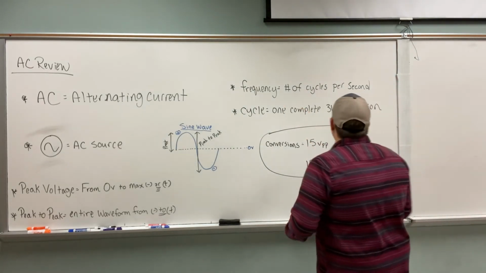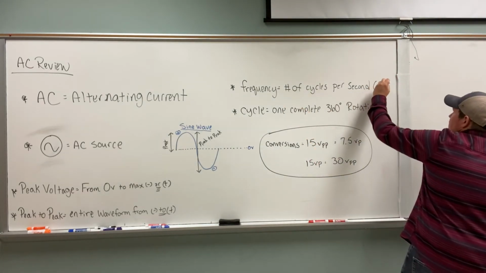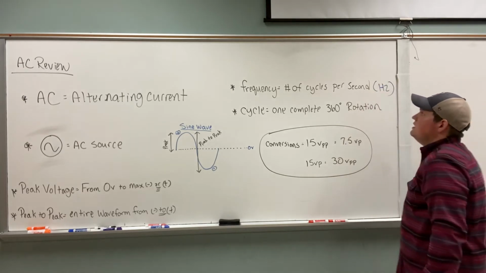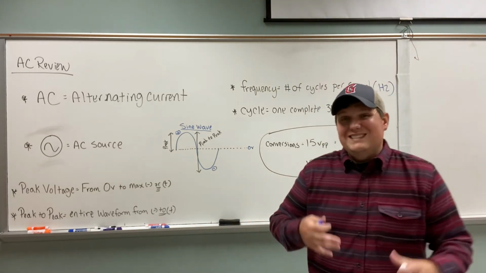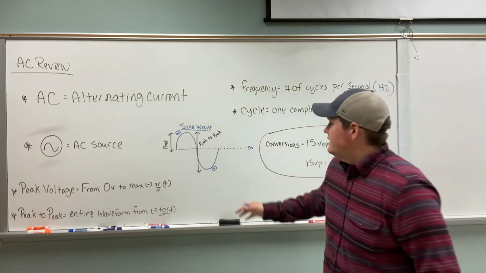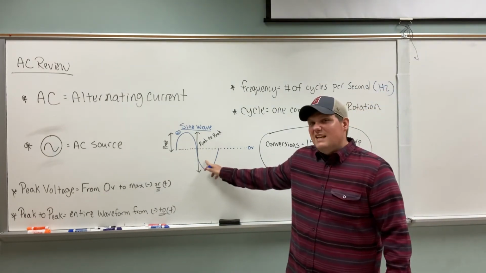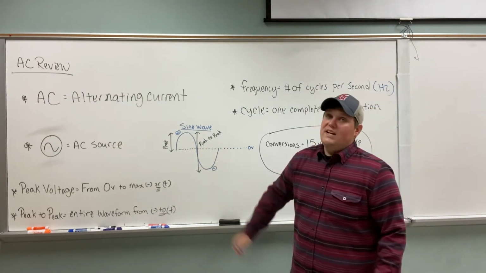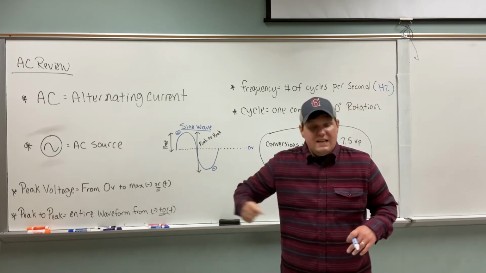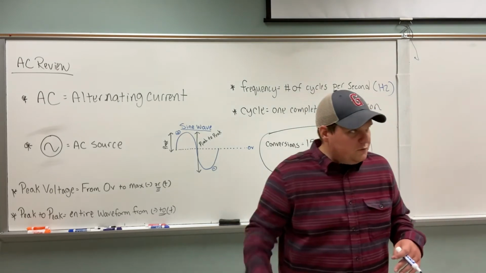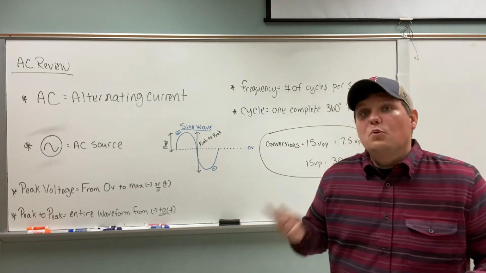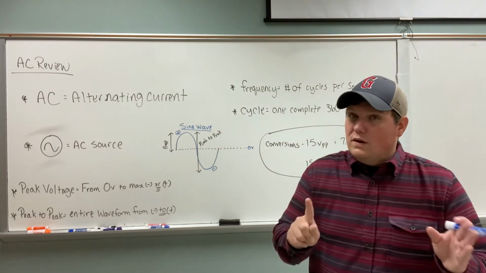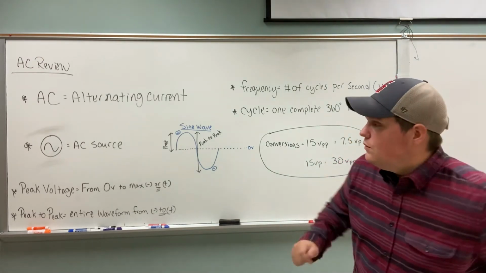So remember, frequency is measured in hertz. So if your receptacle is 60 hertz, that means that you are actually getting 60 cycles per second. That means that machine is moving fast enough to make 60 complete rotations in 1 second. So that's how we get our frequency.